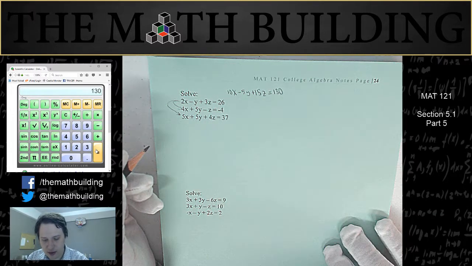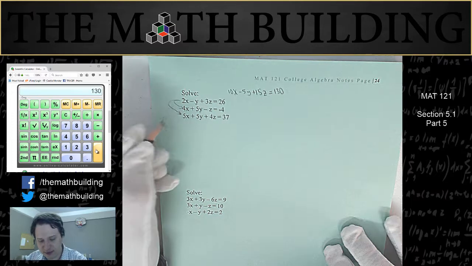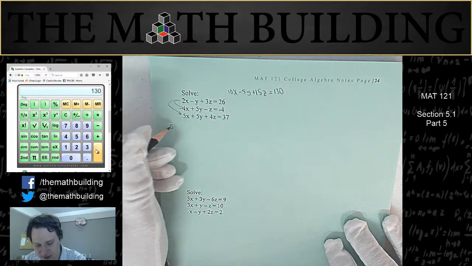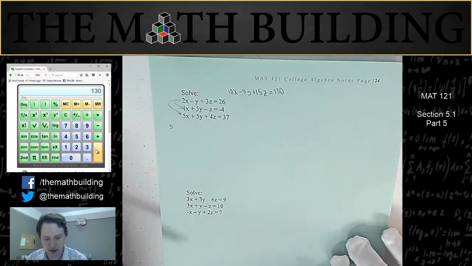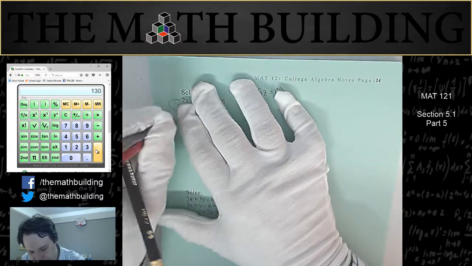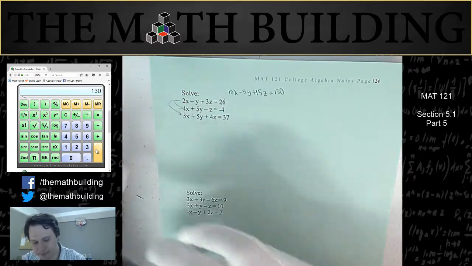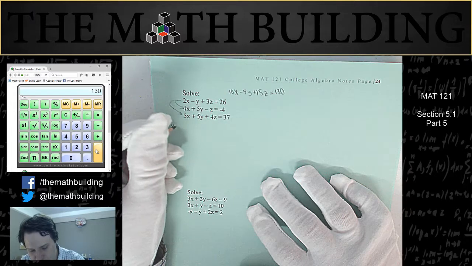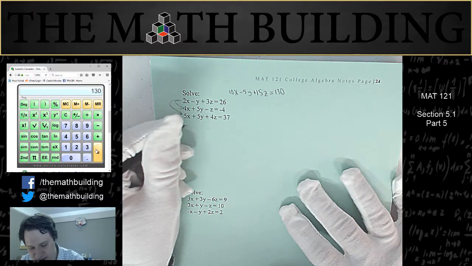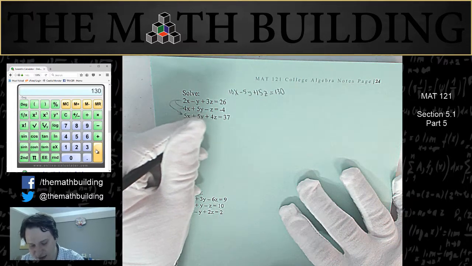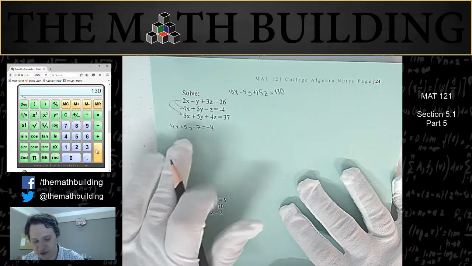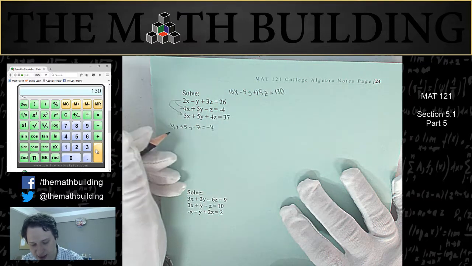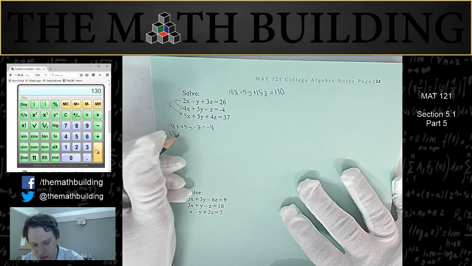So what I'm going to do now is line these up so that we can add them together. So let's take the second equation, which is 4x plus 5y minus z equals negative 4. So there's the second equation. And now let's add it to the top equation.